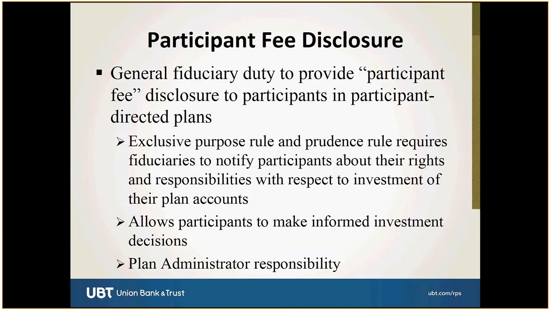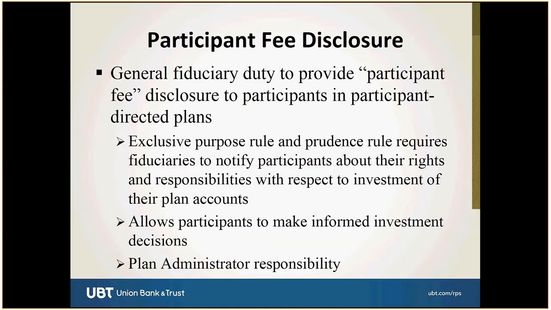Brings us to participant fee disclosure. So that mapping notice and blackout notice were not enrollment kit type of notices. The participant fee disclosure is an enrollment kit type of document that needs to be provided to all participants.